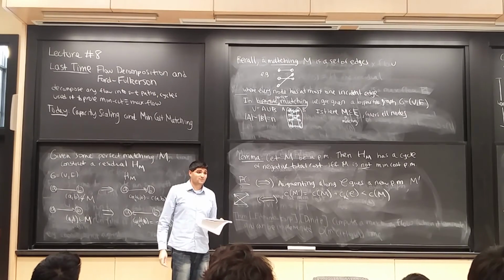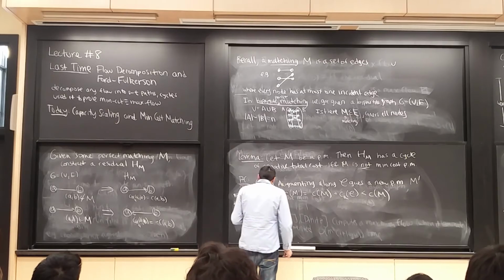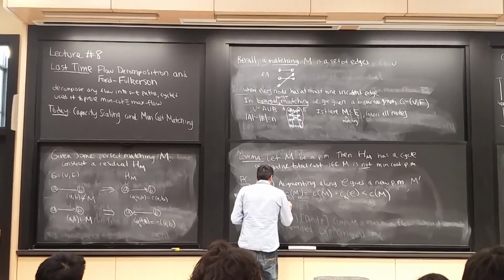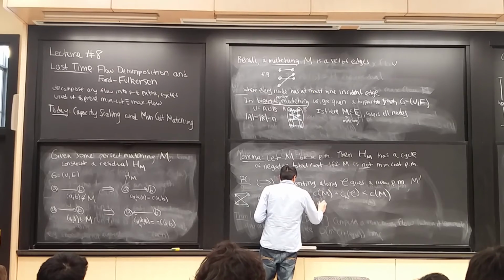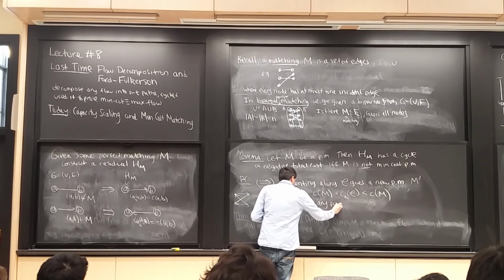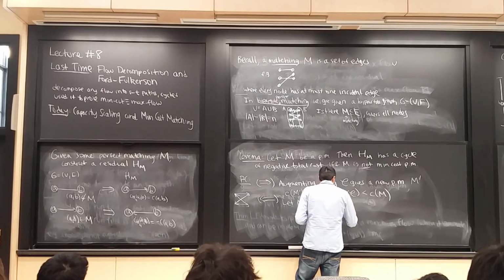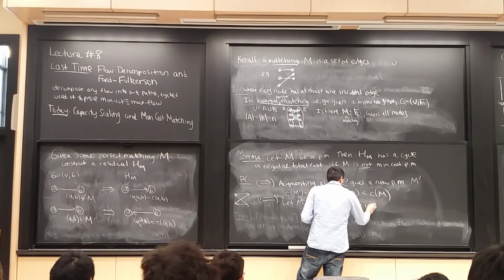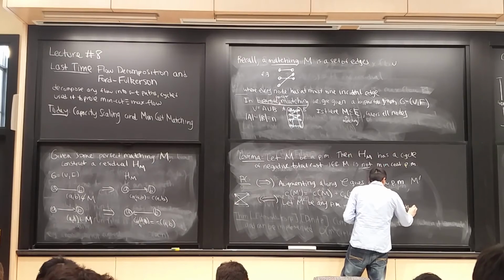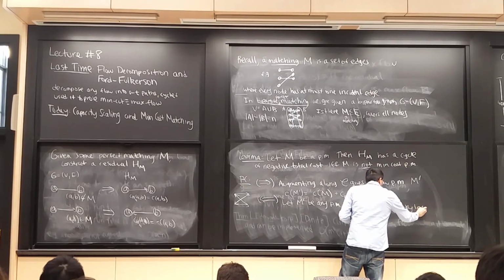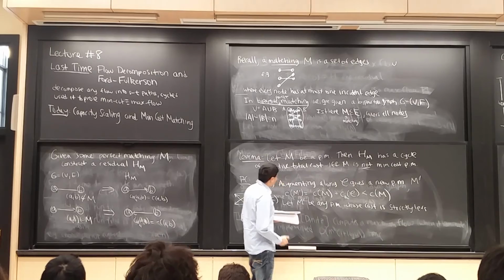So the other direction here is we're going to let M prime be any perfect matching whose cost is strictly less. So we proved one direction because we started off with: if there's a negative cost cycle, we can make our matching better.